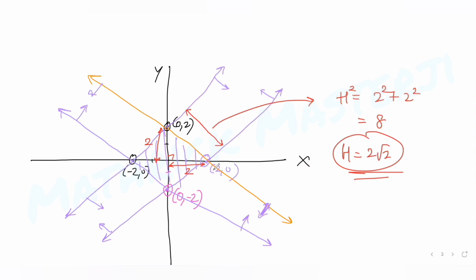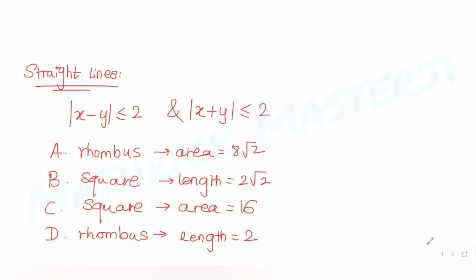But now if I see here, I have this line and this line. The two of them are basically perpendicular. And when all of the angles at the corners are perpendicular, it is not a rhombus, it is a square.